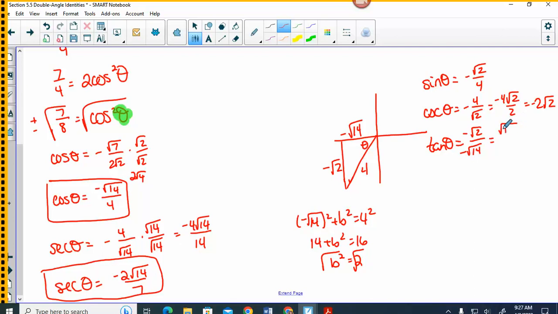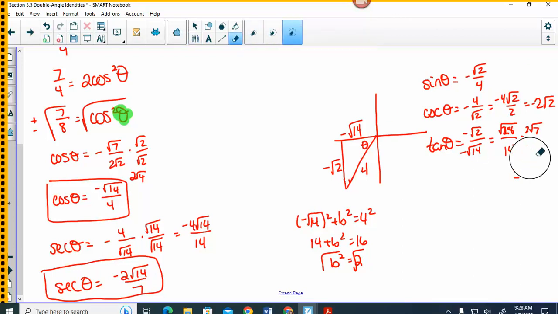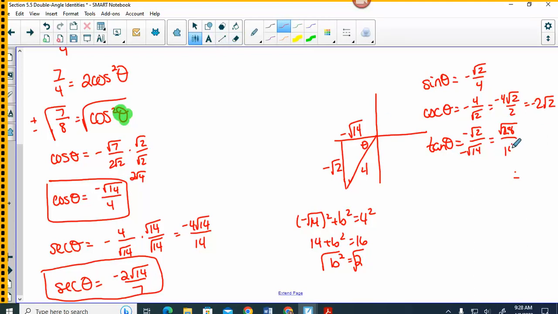So if you multiply by the radical 14, you get the square root of 28 over 14. If you break that down, 28 breaks into 4 and 7, so that's 2 radical 7. And that gives us radical 7 over 7.